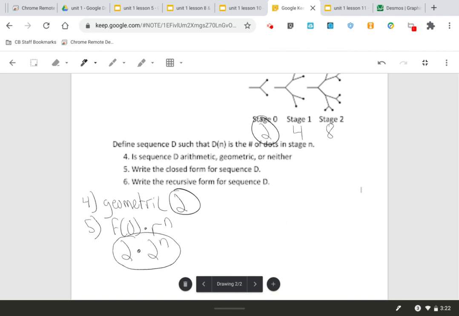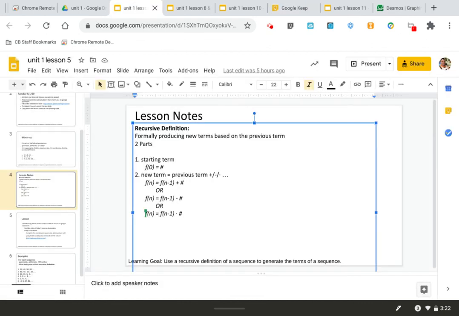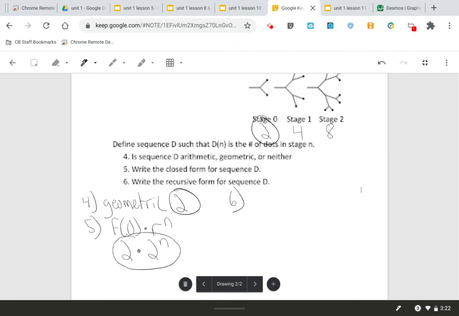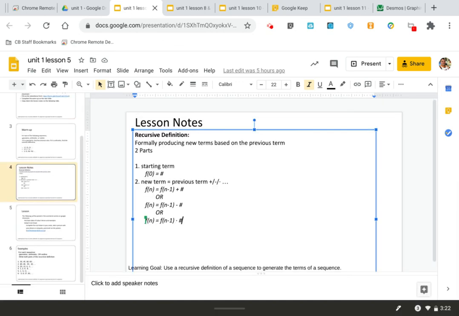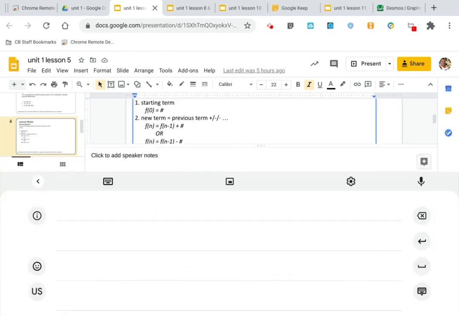And then let's finish this off. Number 6. Okay, write the recursive form for sequence D. That goes back over here. We've done enough examples of this. My f of 0, my starting term, we already know is 2. And then because it's a geometric sequence, we're going to use this one right here.